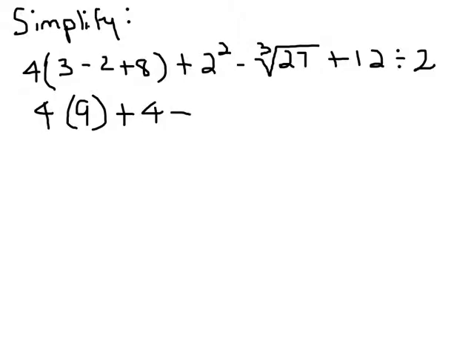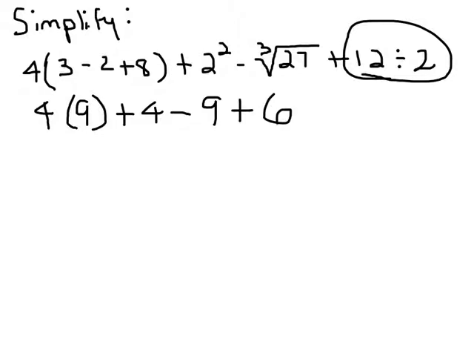The cubed root of 27, we just saw on the last slide, is 3. And then plus, and then we've got some division here, so we have to do that. 12 divided by 2 is 6.